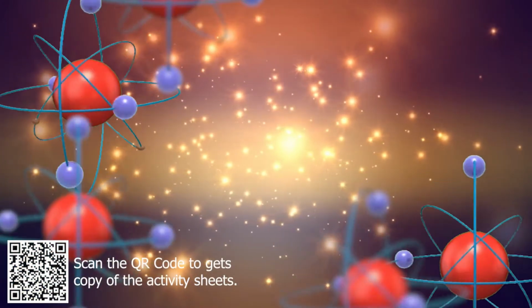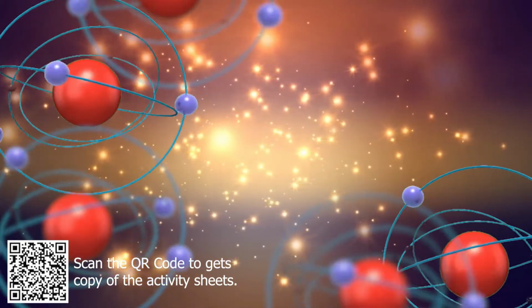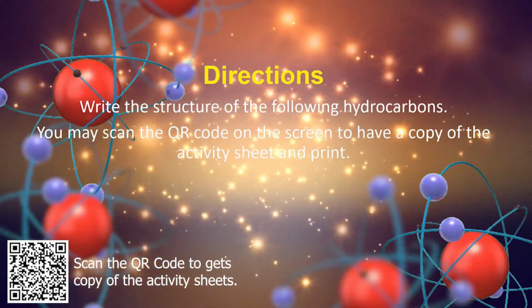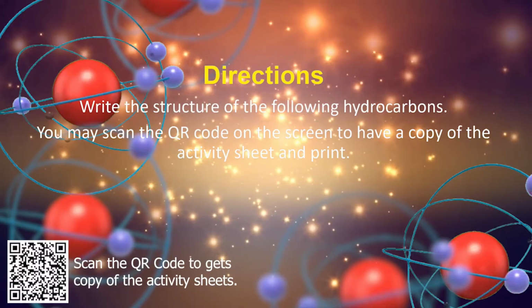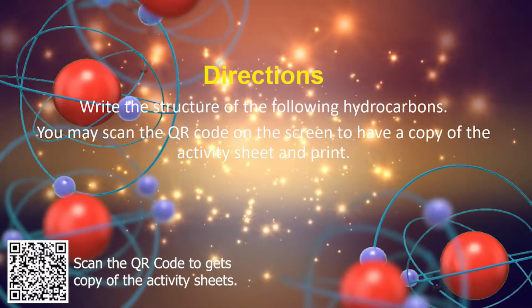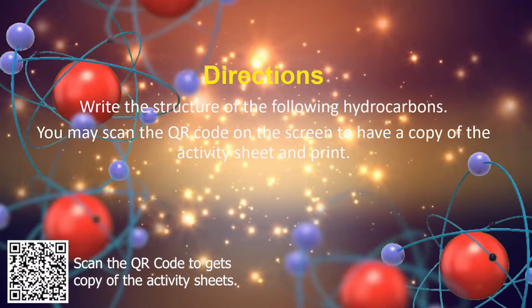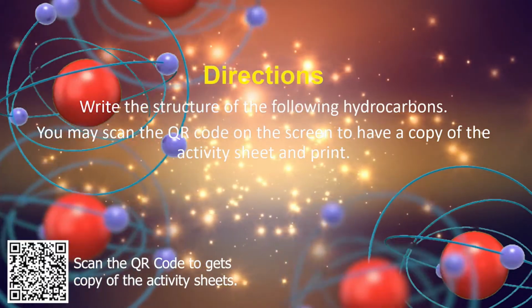Let us have another activity. Directions. Write the structure of the following hydrocarbons. You may scan the QR code on the screen to have a copy of the activity sheet and print it.